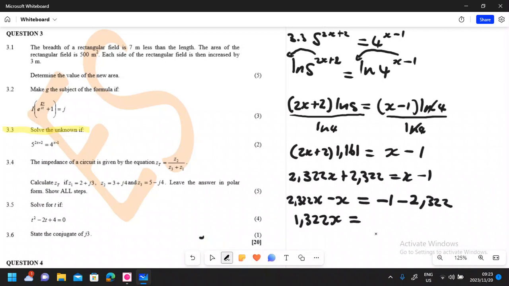especially when we're dealing with decimal numbers. We have -1 minus 2,322x. So the answer is going to be -3,322, and then we divide by 1,322 both sides.